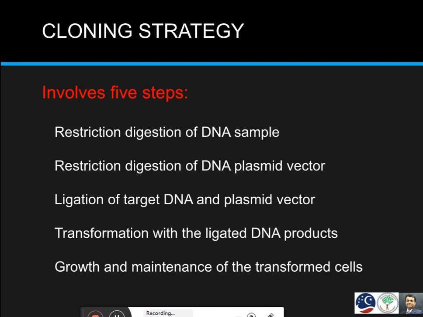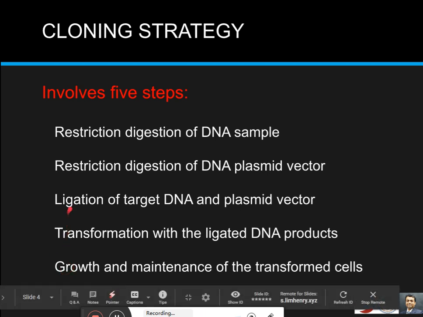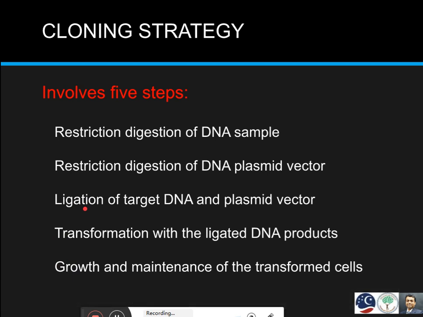Next, we will ligate, or join, or combine both the DNAs to form the recombinant DNA. Then we will transfer the recombinant DNA into a suitable host. Lastly, we will grow the transformed cells to get more copies of the recombinant DNA.